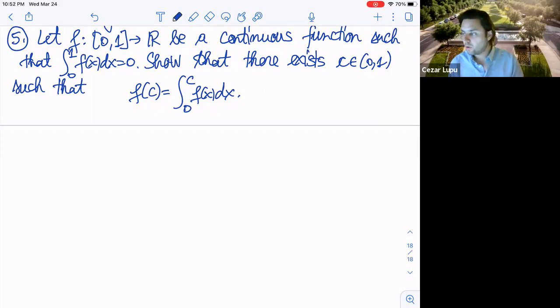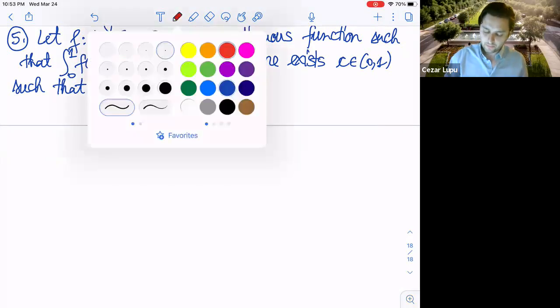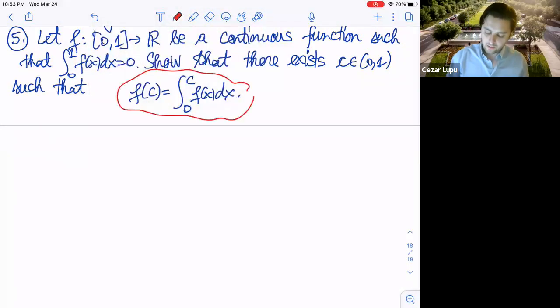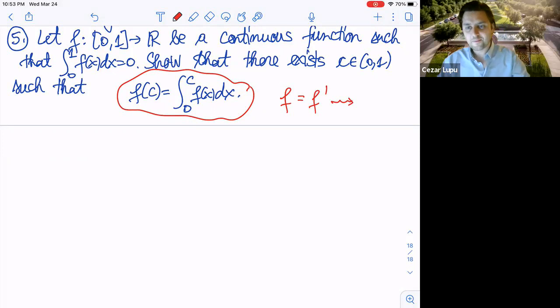But there is also one thing that stood out there, and that is the way we constructed the function. When you look at this guy here, you see you have something like f equals f prime, for the antiderivative. I don't want to get into this because it will be the last chapter, when we talk about differential equations.